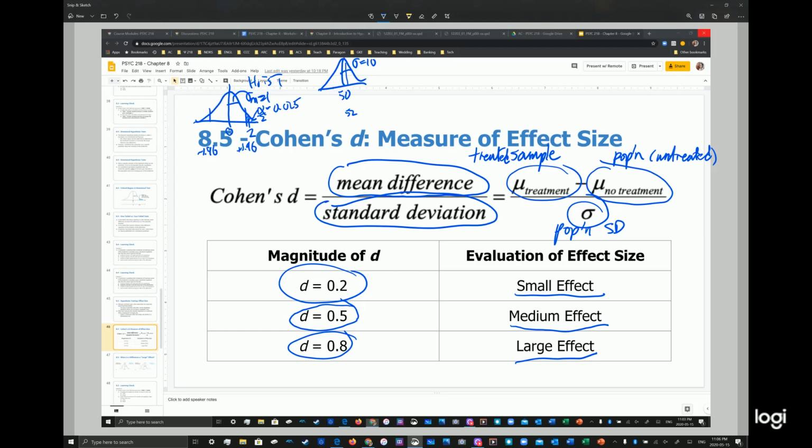When you do your hypothesis testing in this course, in practice questions and test questions, if you have come to the decision that you would reject the null because your test statistic is more extreme than the critical value, then you're going to need to measure effect size as well. And if you have decided to not reject the null, you failed to reject it, then you would not have a need to measure effect size.